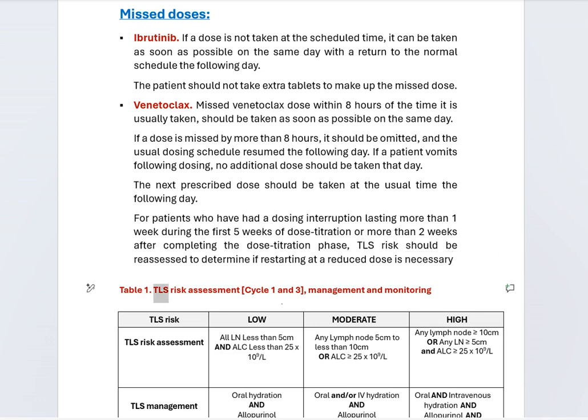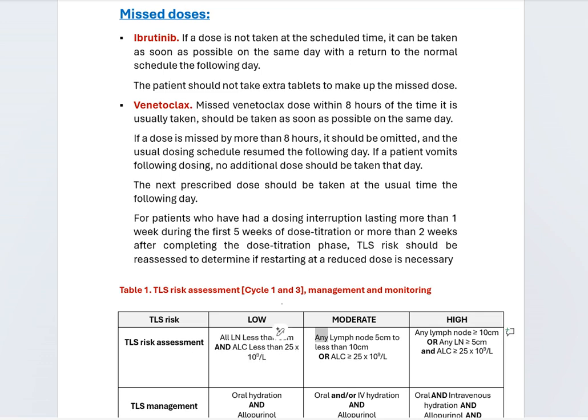Table 1. TLS risk assessment, cycle 1 and 3, management and monitoring. TLS risk: low, moderate, high. Low risk: all lymph nodes less than 5 centimeters and ALC less than 25x10^9/L.